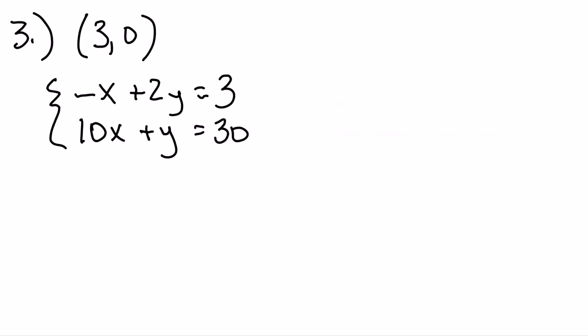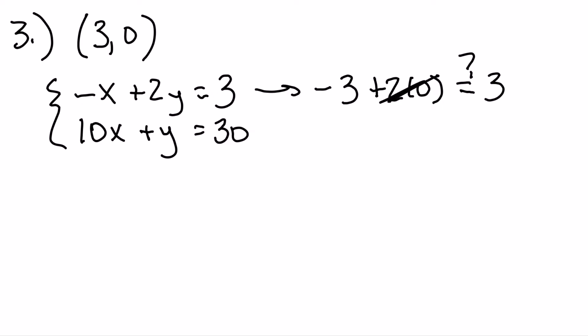And that's it. Alright, number 3, same exact concept. I have the opposite of x plus 2y equals 3, 10x plus y equals 30. 3 is my x, 0 is my y. I'm going to plug in x and y, so I'm going to say the opposite of 3 plus 2 times 0, does that equal 3? -3, remember that just cancels out.